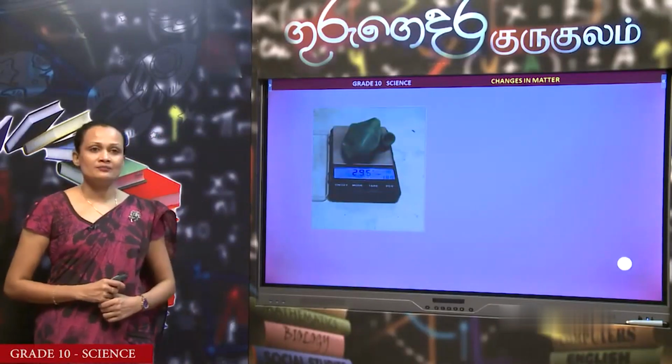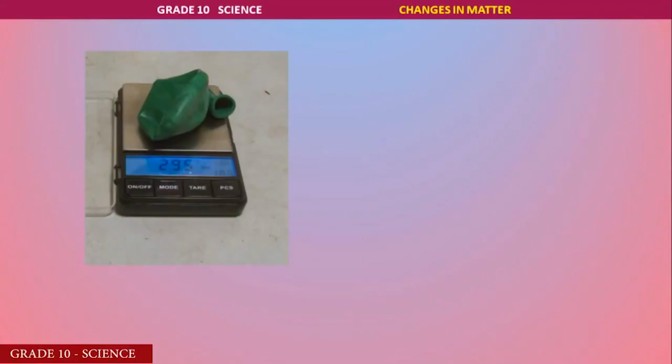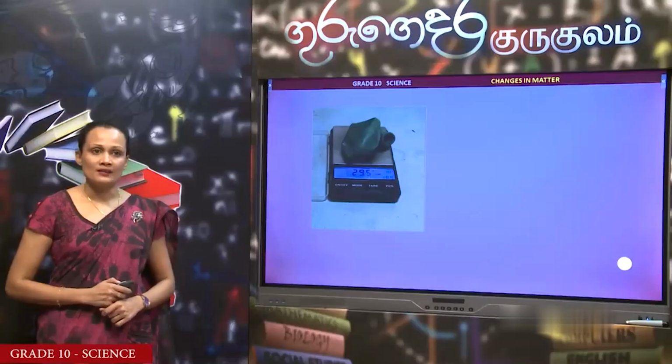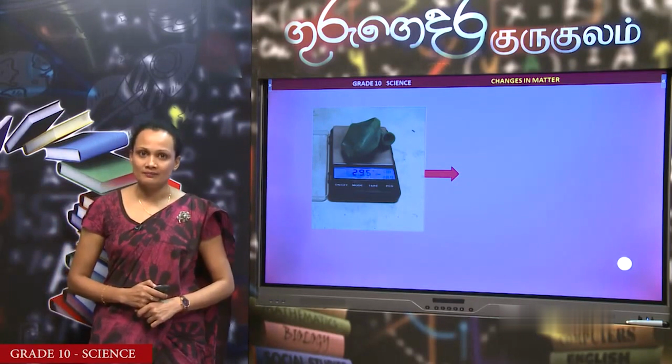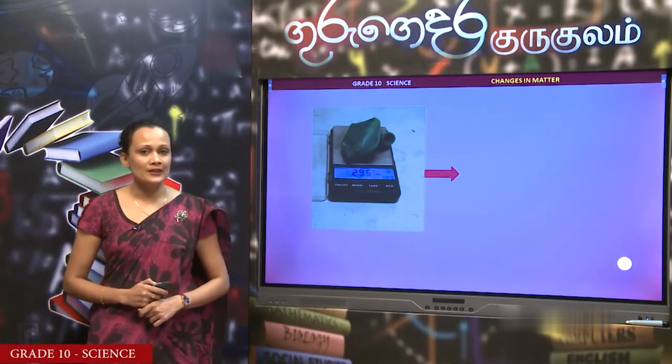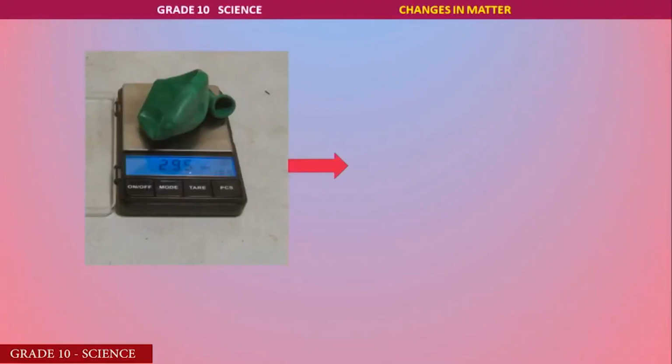Look at this one. Here again I am taking another balloon and I keep it on a scale. When I keep it on the scale, I get a reading for its mass. It is given here. But after that, I am going to make a change: I am going to fill that balloon with air.